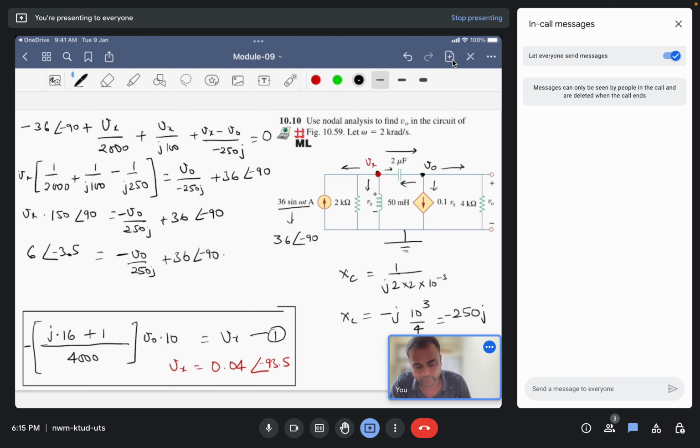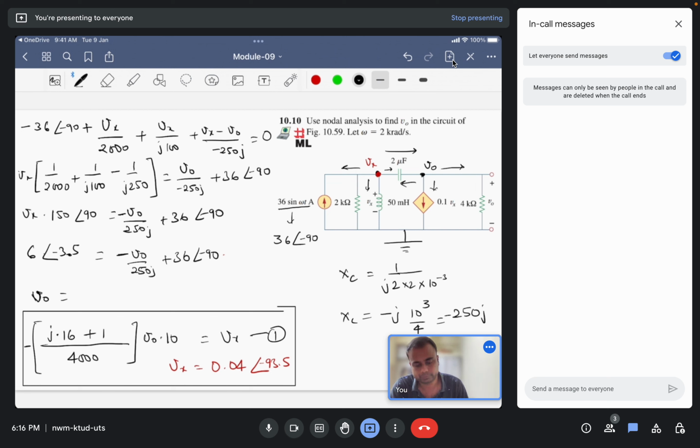Again simplifying for V0. Let us first of all take that 36 to the LHS side. So this will become 6 angle minus 3.5 minus 36 angle minus 90 degree, multiplied by 250 J, and there will be a negative sign also, so multiplied by minus 1.